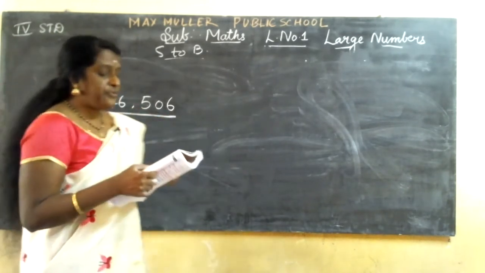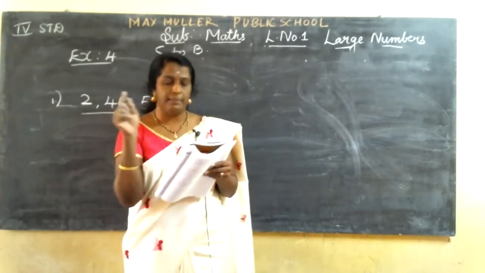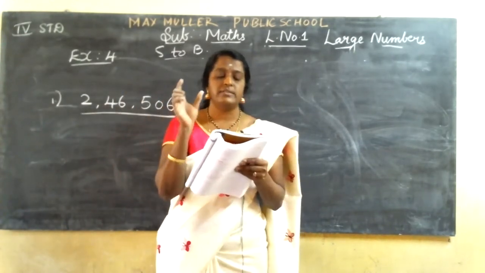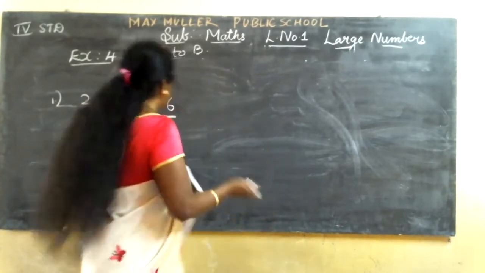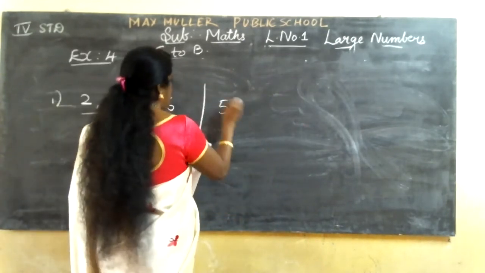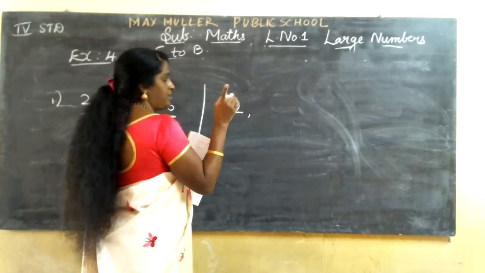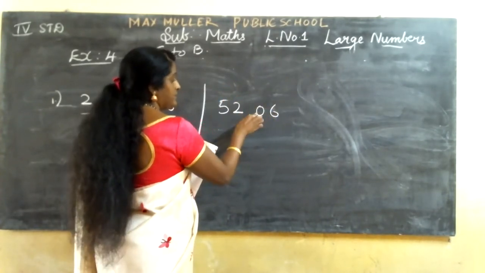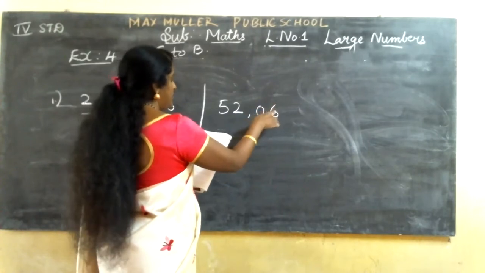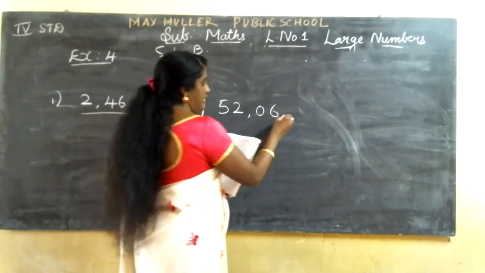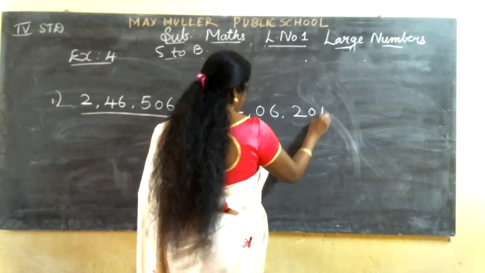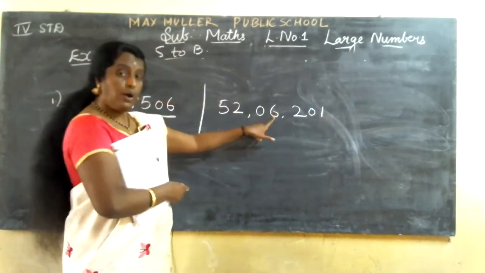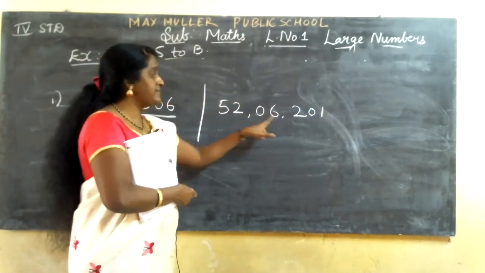Next is 52 lakh, 52, comma, 52 lakh 6,000. 6,000, how will you write? Here 52 lakh 6,000. 6,000 place only 6,000. This is 10,000. So here 6,000, comma, 201. See, 6,000. Question is 52 lakh 6,000.